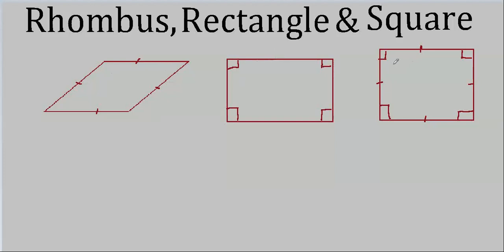It's a special case of each. But for a rectangle, it goes both ways. A rectangle is a parallelogram with 4 right angles. On the other hand, if we have a quadrilateral with 4 right angles, then we know we have at least a rectangle. We might have a square, but we at least have a rectangle.